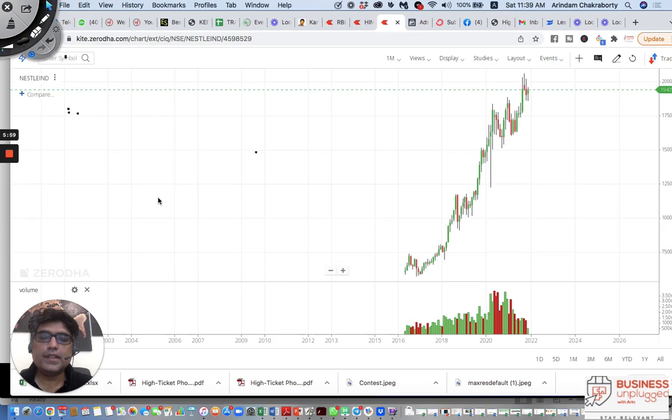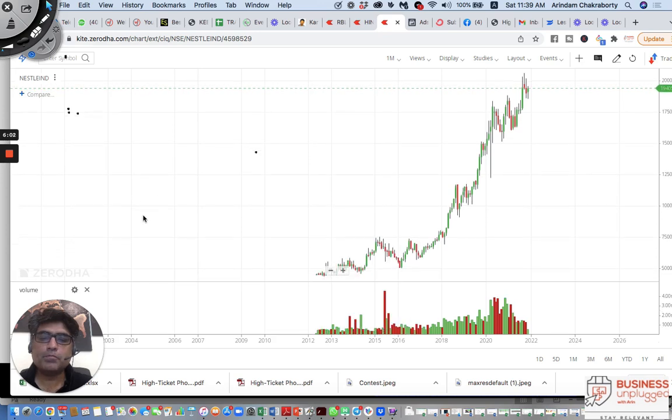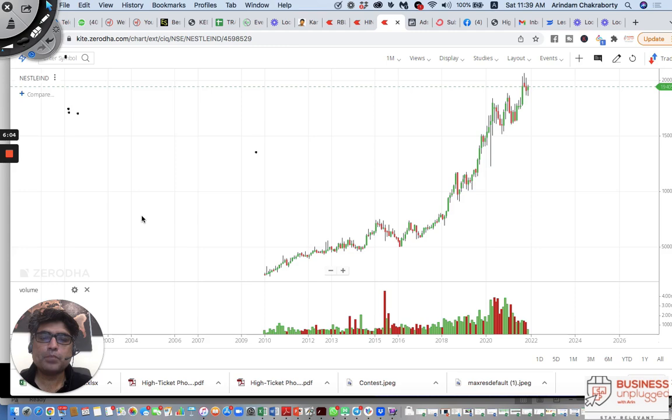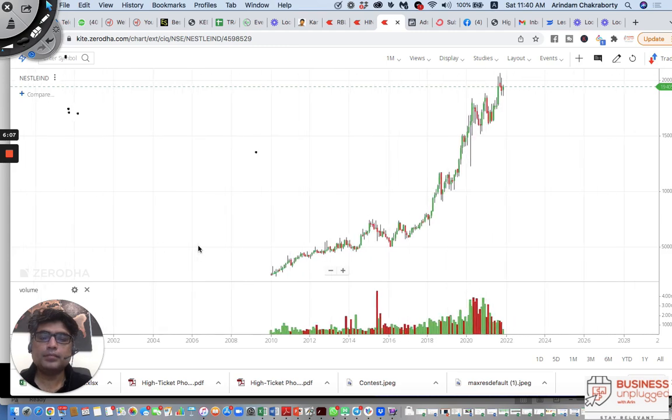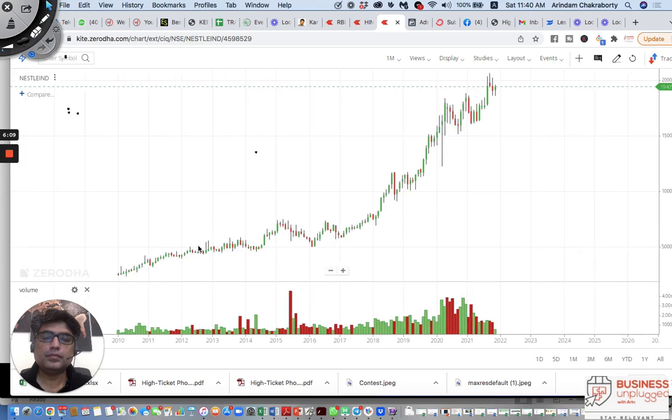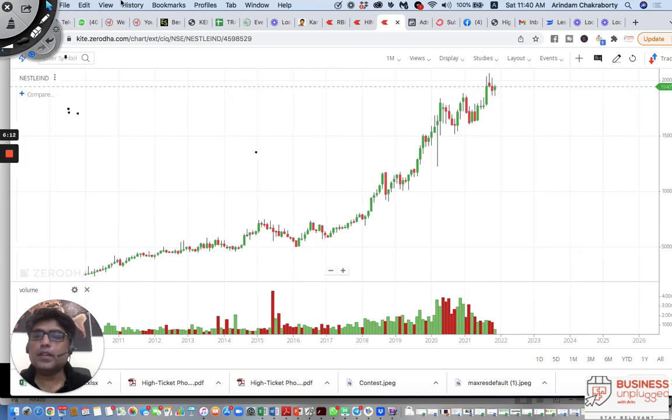If we see Nestle India, here also we can see a similar pattern. Here there's a high, there's a low, there's a high, a low. That sort of pattern is shaping up, and as you see over the years, this stock has performed.